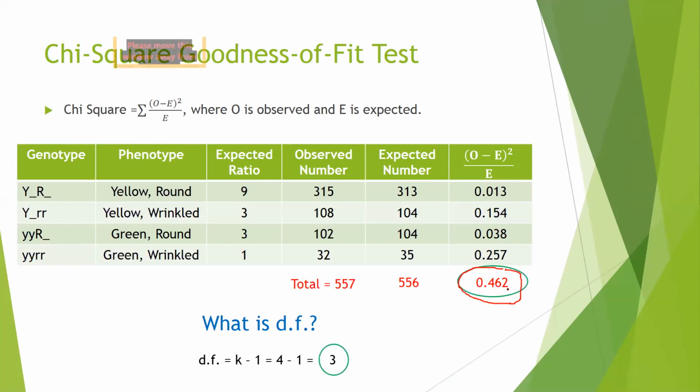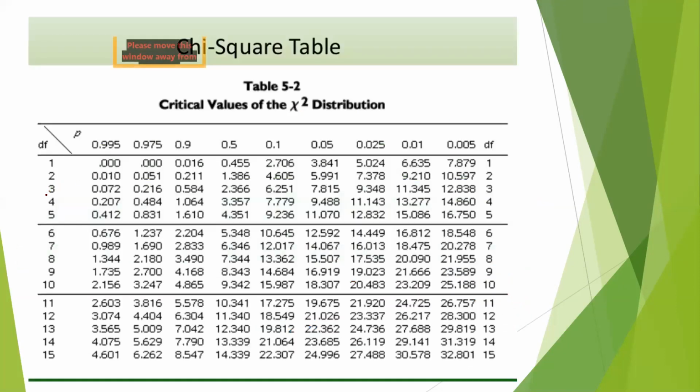Now if you look at this line, you're going to see these numbers are monotonically increasing from here to there, right? Do you agree? This corresponds to the p-value.